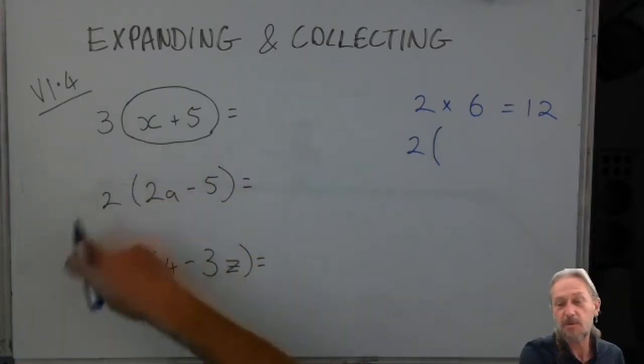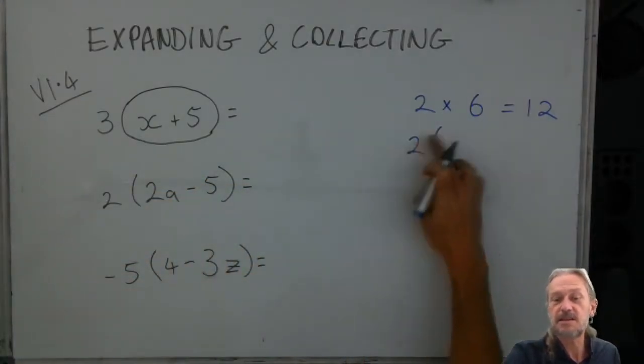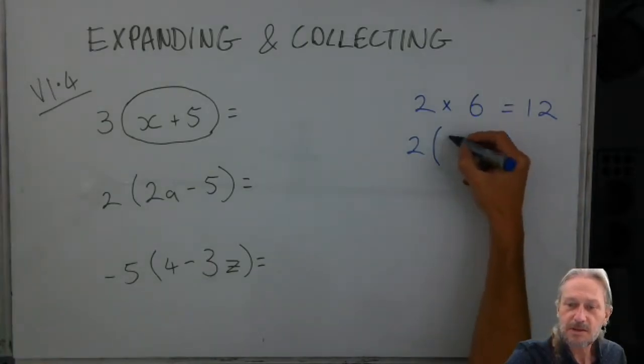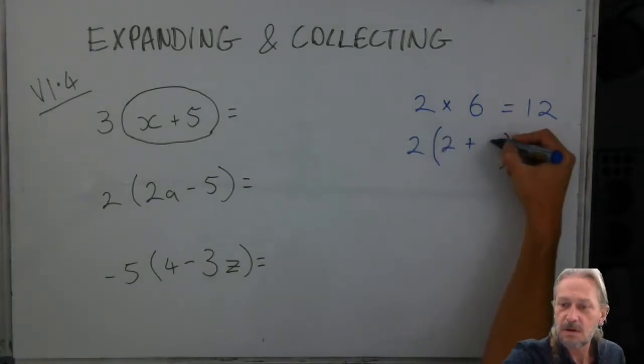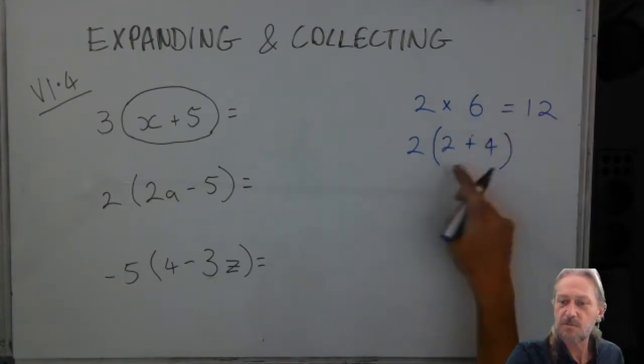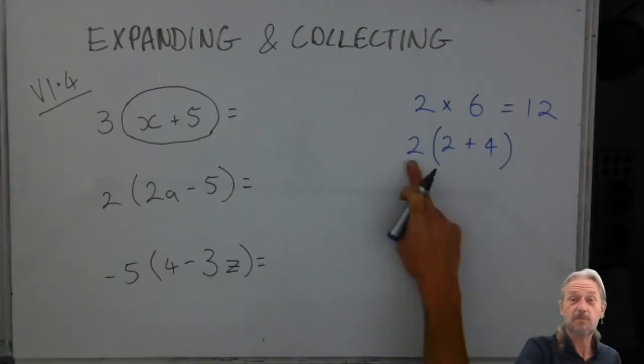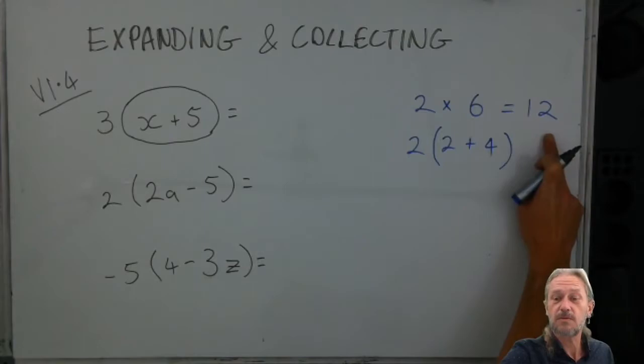A number outside of brackets means it's this multiplied by the thing inside the brackets. Let's call this 2 plus 4. So 2 plus 4, order of maths would tell us to do this first, so we get 6, and then we multiply it by 2, we get 12.